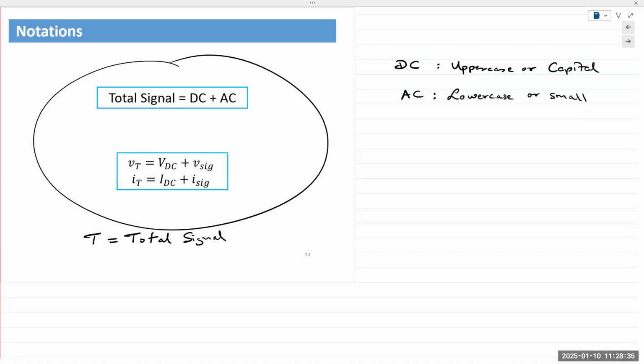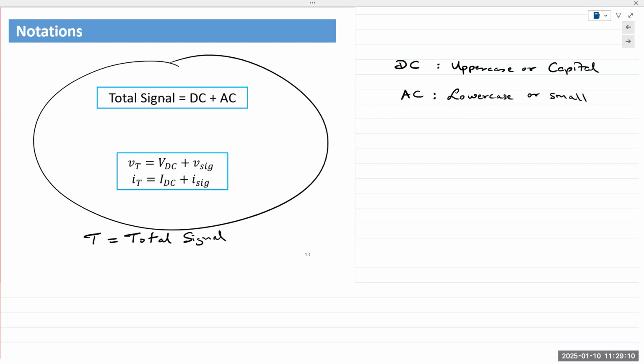So the quantity, voltage or current, is noted with lowercase, and then the subscript is uppercase. And that signifies there is a DC component as well as an AC component to that quantity. Okay, so vT indicates we are talking about voltage, and that voltage has a DC quantity or DC level, plus it has an AC level also. So oftentimes you will see signals represented.